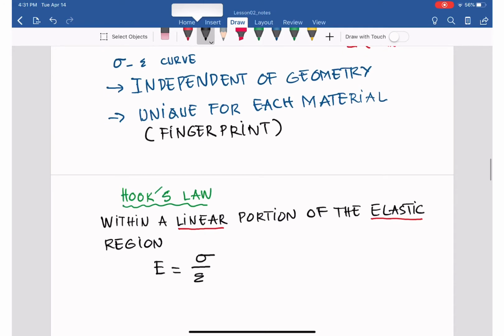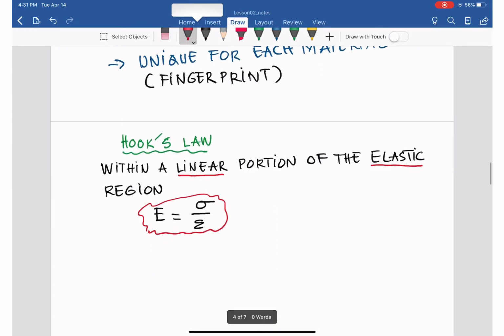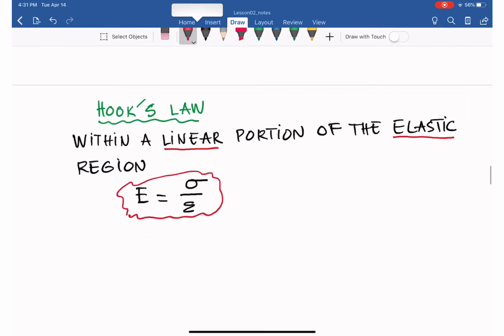I can box that. For that slope, we call it the modulus of elasticity.